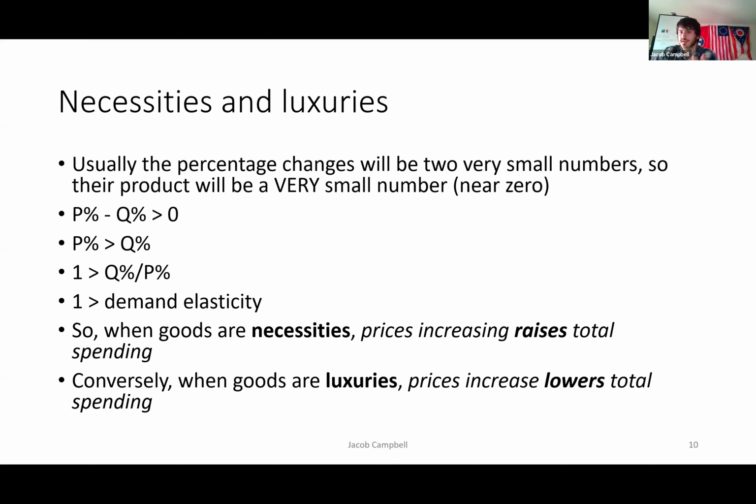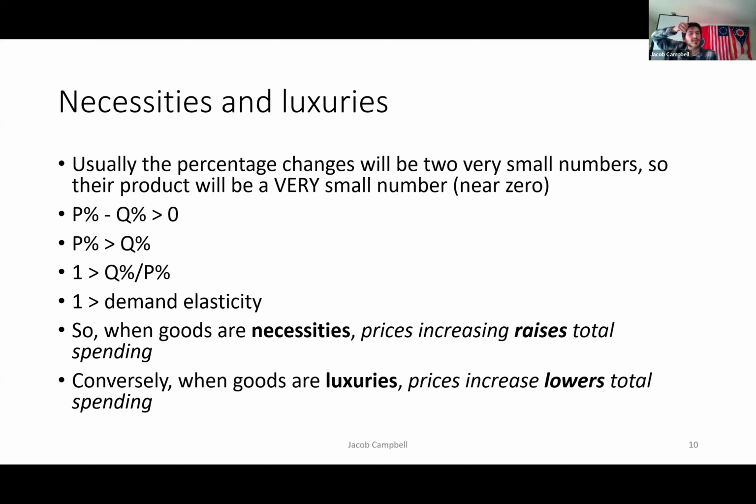So if we're talking about the total amount of money you're spending, it's possible that you could be buying less, yet still be spending more. And that's probably the case for a lot of you with things like rent, gasoline, food, necessities. That's why we call them necessities.